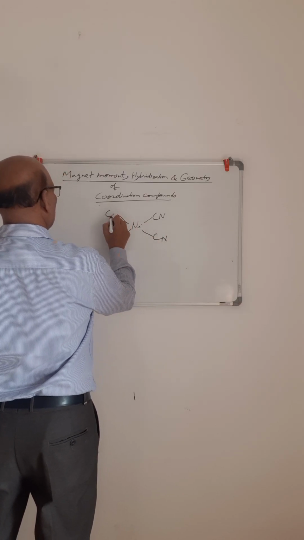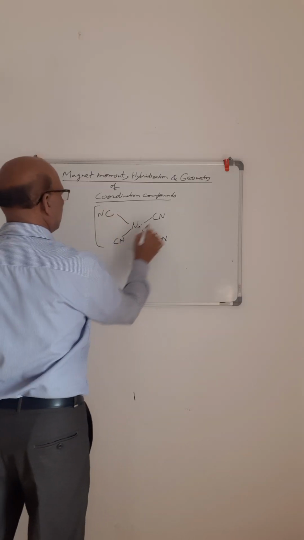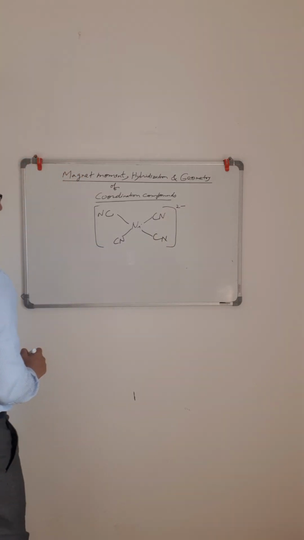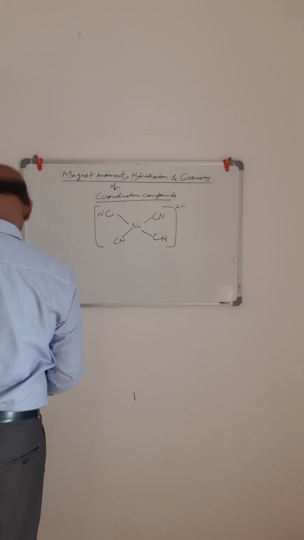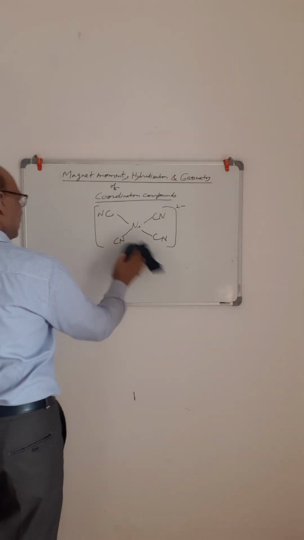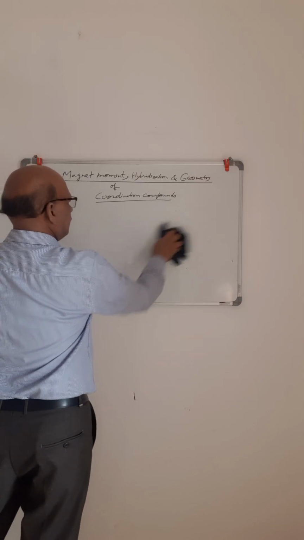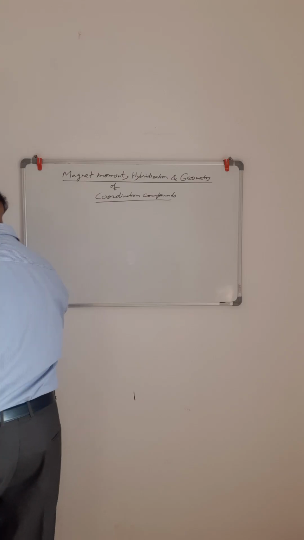Okay, so that is like this, and this whole will have 2 minus. Okay, that is the square planar geometry of Ni(CN)4 2 minus. Now we take 2 more examples for the compounds having coordination number of 6.